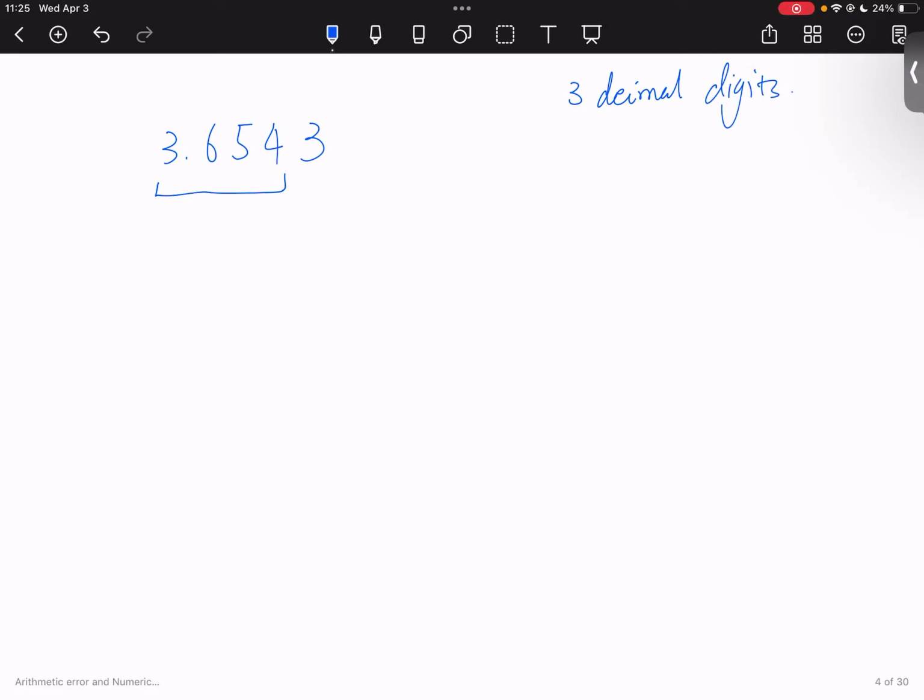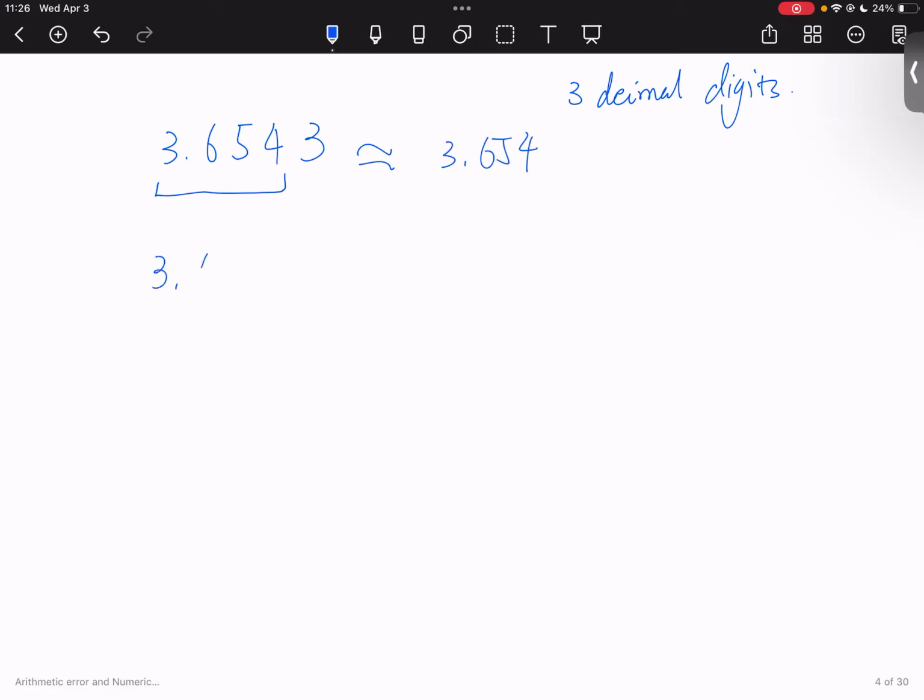With rounding up or rounding down, what number would you keep here? 3.654, right?